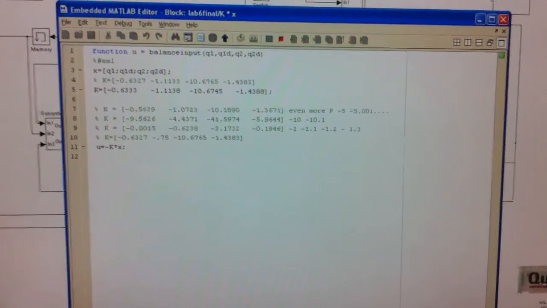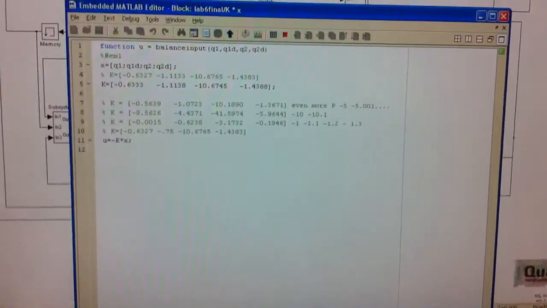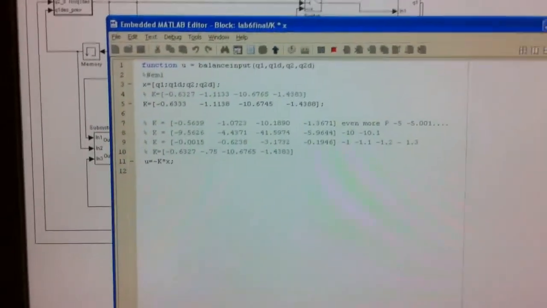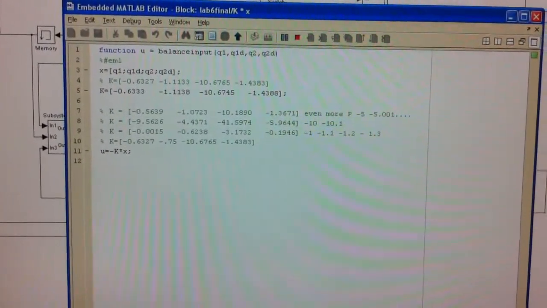So for the state space control, when we set those poles, these gains right here are the ones that were calculated, and so the first gain corresponds with the angle of the rotor.